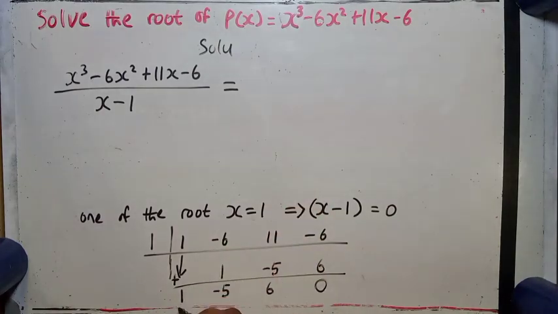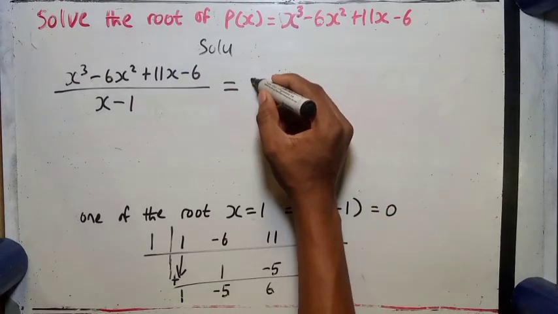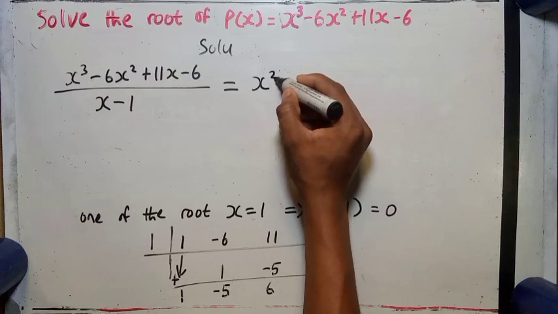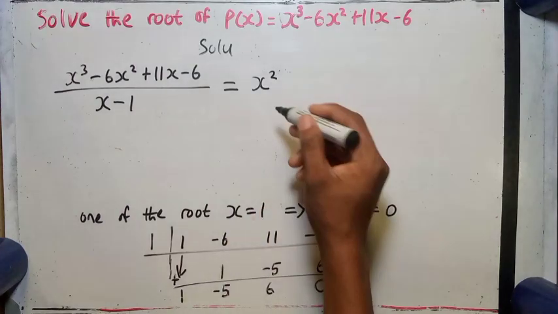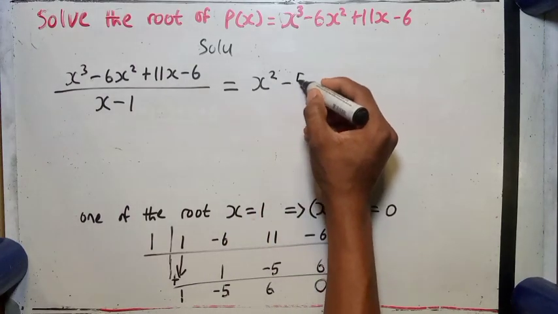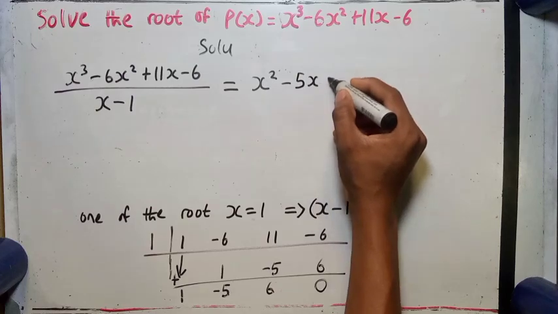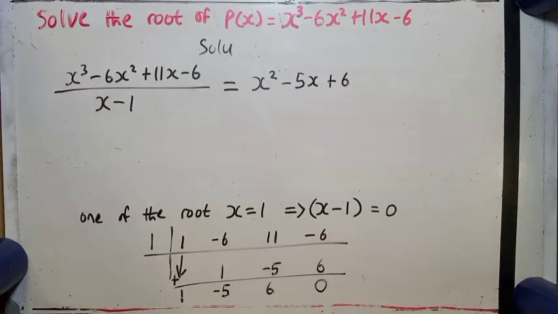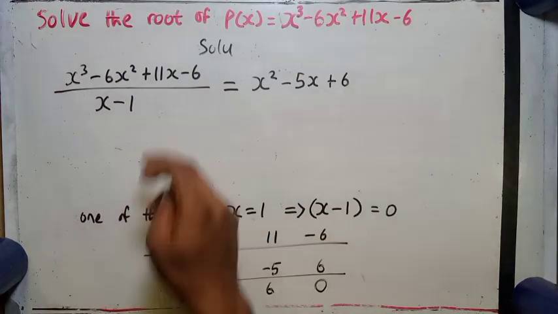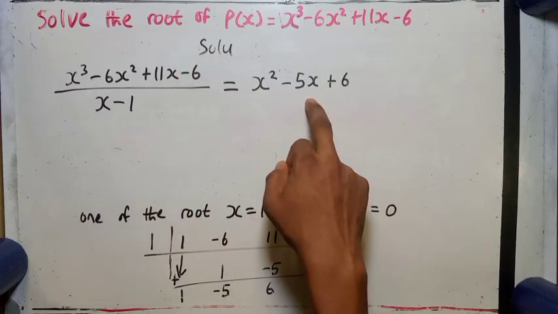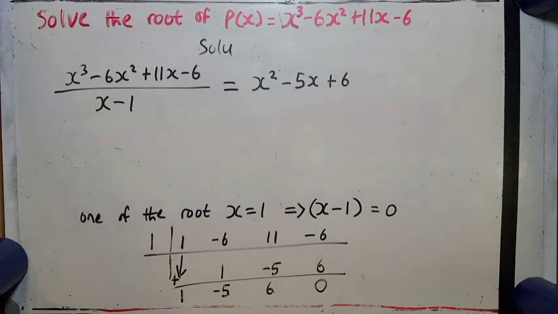So this is going to be for your x square, your x, and your constants. So we're going to be having x square. Our coefficient is 1, we won't write it. Minus 5x plus 6. So when you divide this by this, you get this.